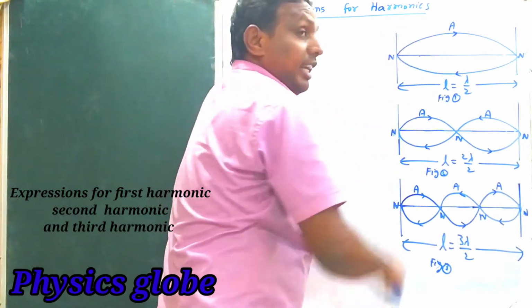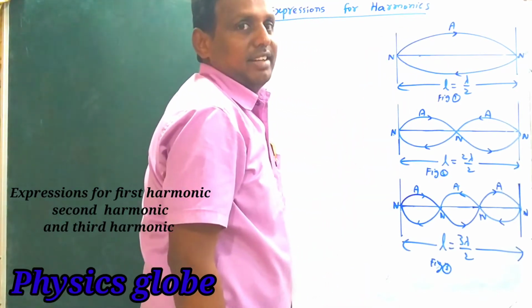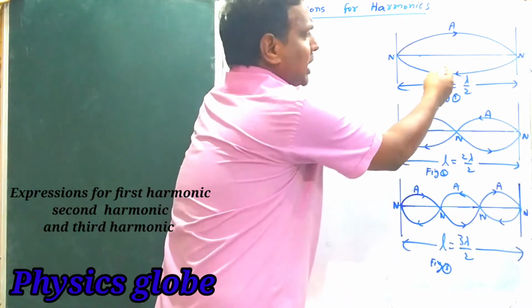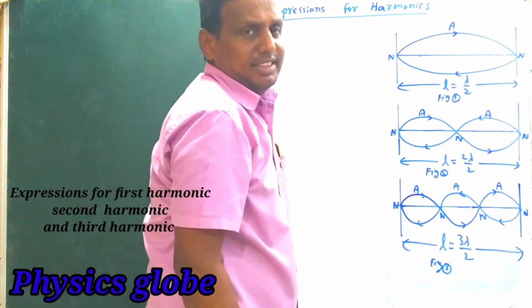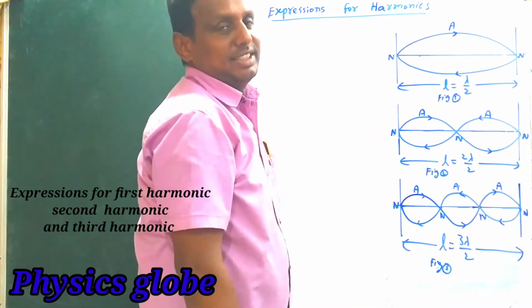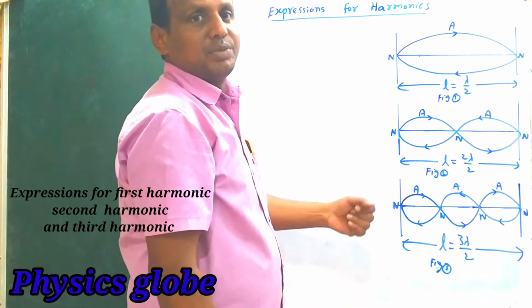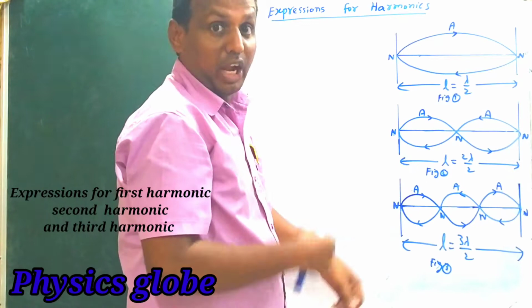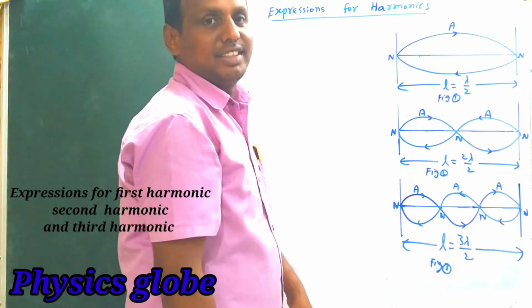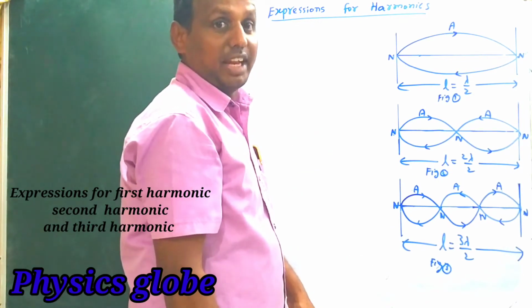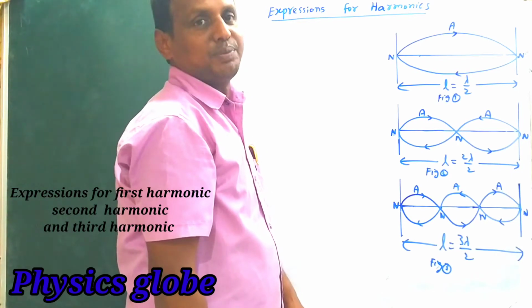When the string is excited, or we can say when the string is plucked, then it can vibrate. For example, a guitar and a veena are the best examples.